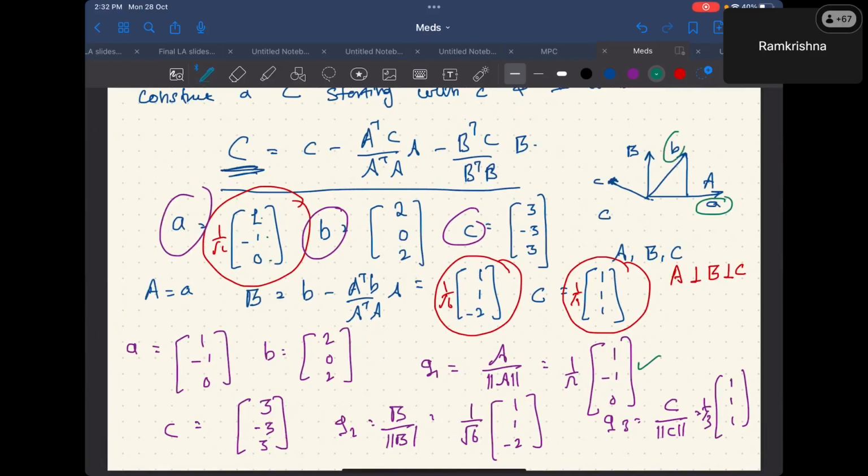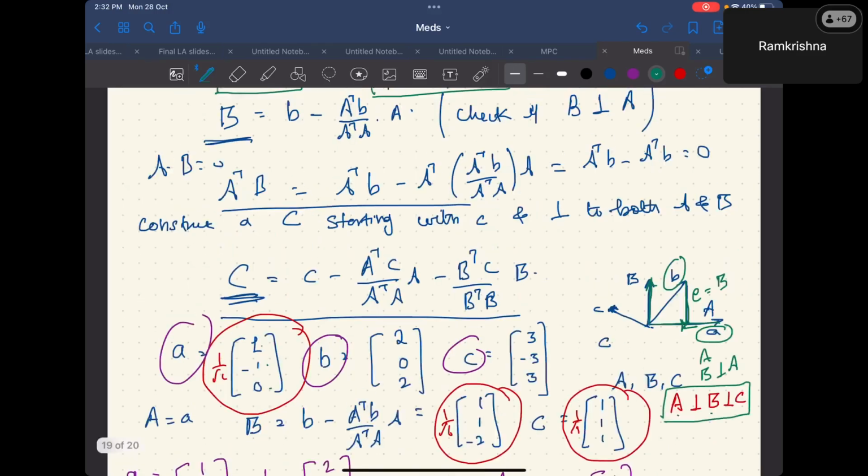B is given to be something like this, but I want to construct a capital B which is perpendicular to this A. Now I know something, right? If I project B onto A, this is a projection vector, but the error vector is now perpendicular to A. So given A, I am constructing a B which is perpendicular to A. Now, given these two, I am constructing a C which is perpendicular to both A and B. How do I do this?